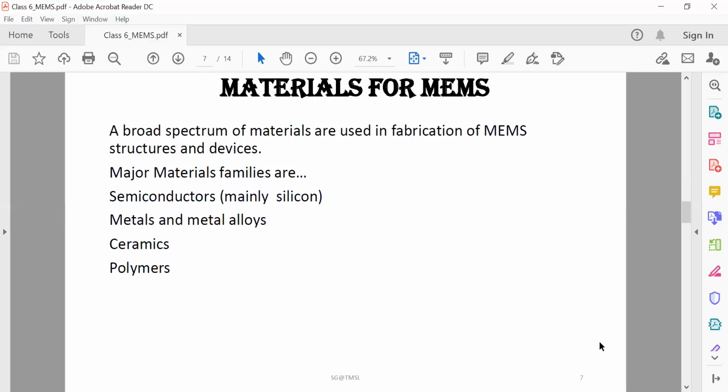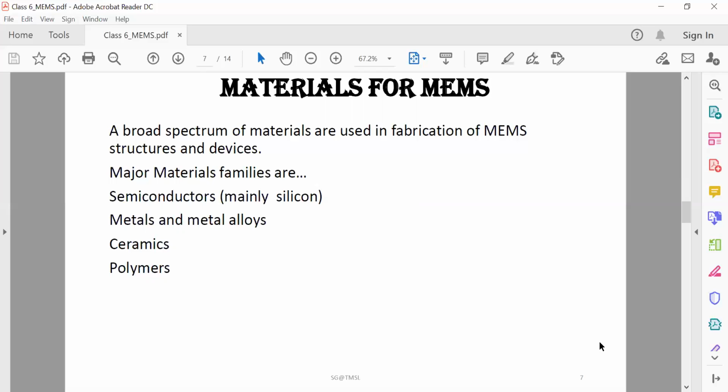The materials which are used for MEMS are basically from different groups. Some belong to the metals or metal alloys. Some belong to semiconductors, particularly silicon.